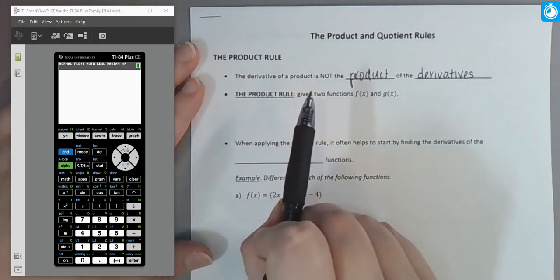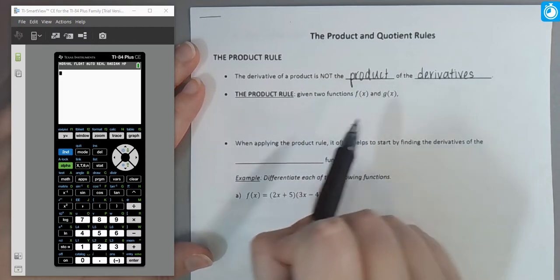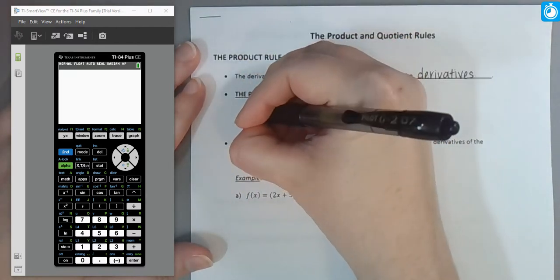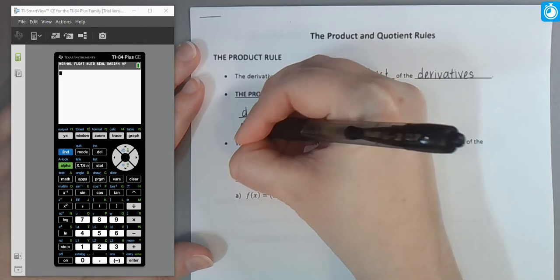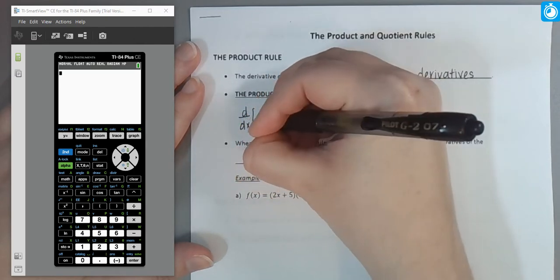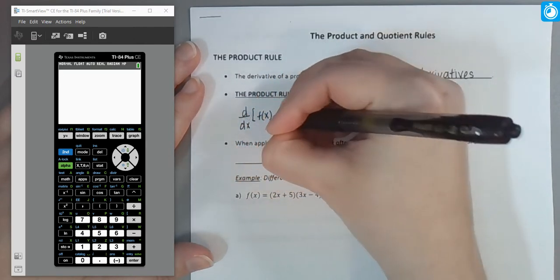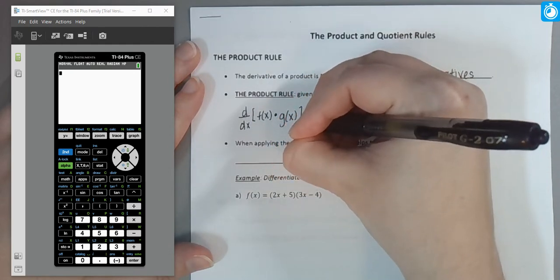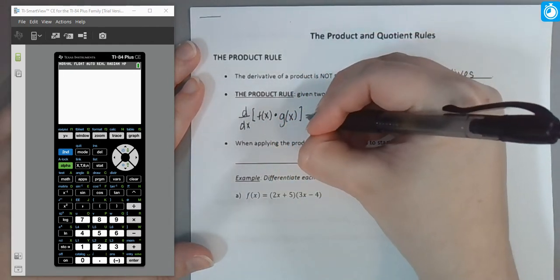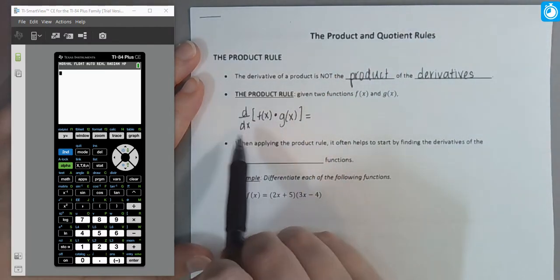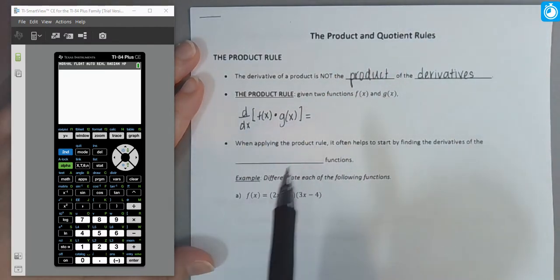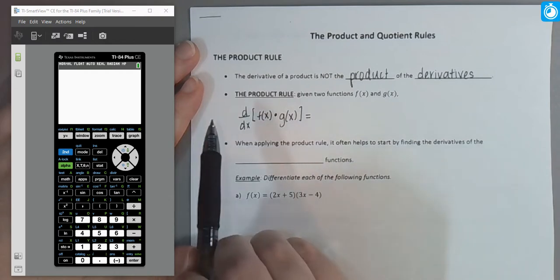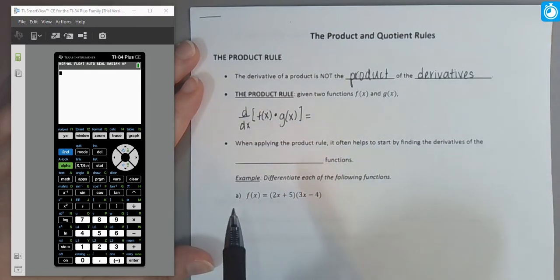Well, here is the product rule. Given two functions, f of x and g of x, if we want to take the derivative with respect to x of f of x times g of x, then we apply the following rule. Here I'm using our Leibniz notation, and I'm going to convert to the prime notation just to make the formula a little bit easier to use.